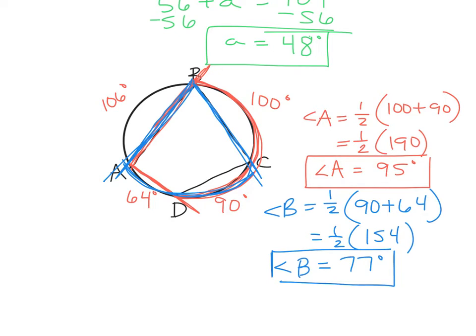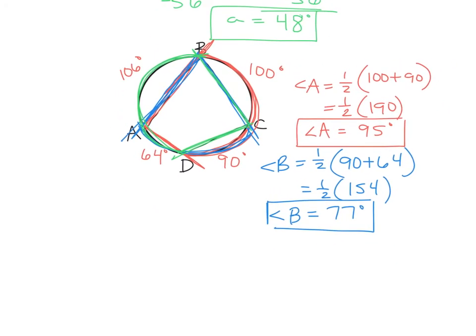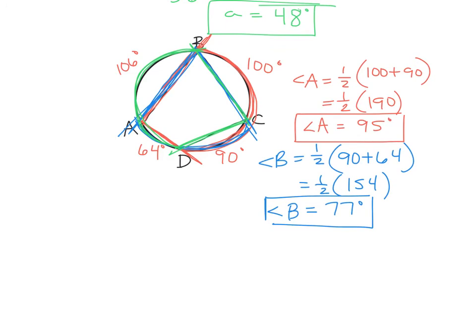Okay, angle C opens up to 64 and 106. So here is your intercepted arc. Color coding works wonders on these, by the way. There's a lot going on. So angle D is half of 106 plus 64. So it's half of 170.